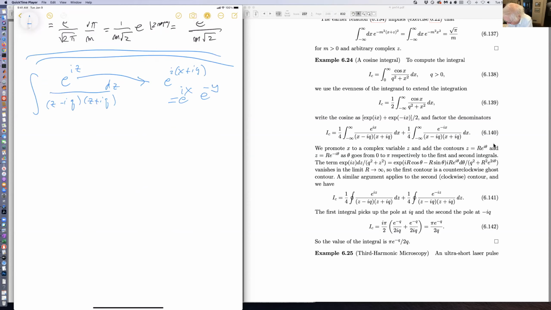Now, e to the minus y, as we go high in the upper z-plane, we see that this part of the integral is clearly going to be 0. Now, what about the lower part here?